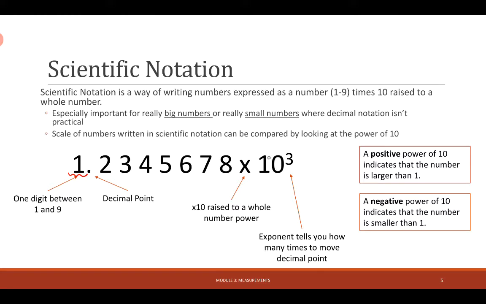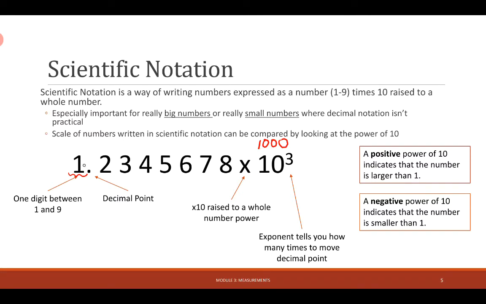This times 10 to some power tells us what we would need to multiply this number by in order to reach our real number. So this is saying that we need to multiply by 10 to the third power. 10 to the third power is 1,000 because 1,000 has 3 zeros.